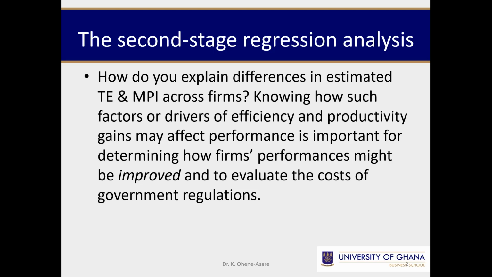Knowing how these factors or drivers of efficiency and productivity gains can affect performance is a critical aspect of determining performance, because then you can make an improvement and you can now evaluate the cost of government regulations. This is what is known as the second stage regression analysis in DEA, data envelopment analysis.